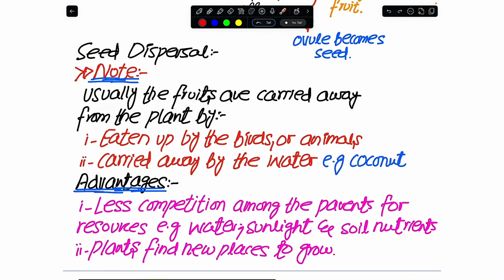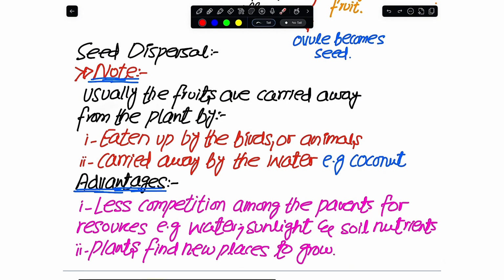But if we carry them away with the help of the seed dispersal phenomenon, ultimately there would be less competition. And since the plants would be finding new places to grow, that would allow them to adapt to new environments.